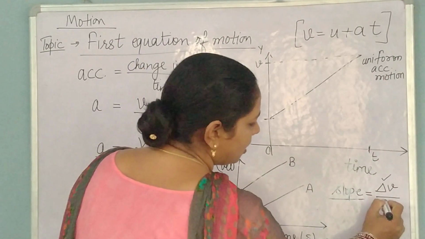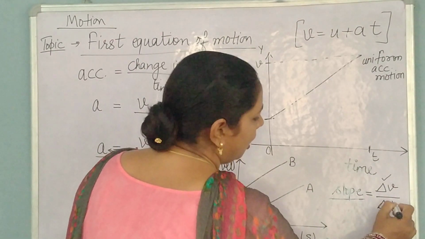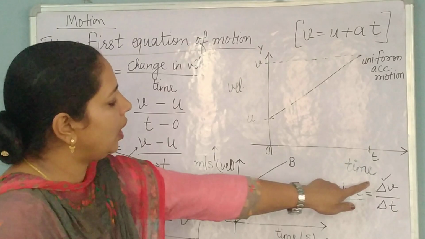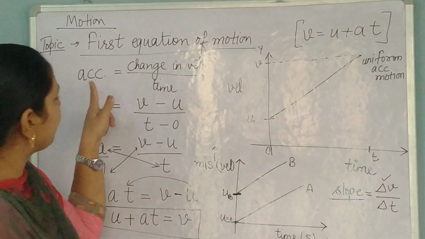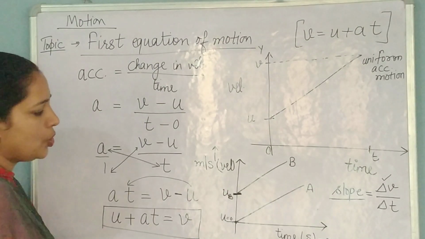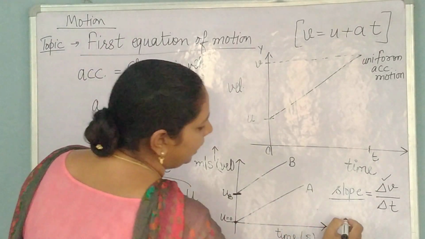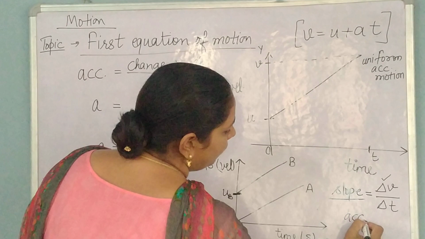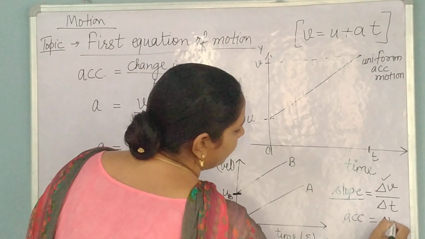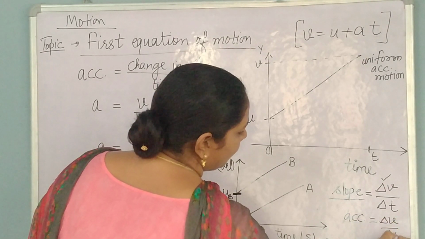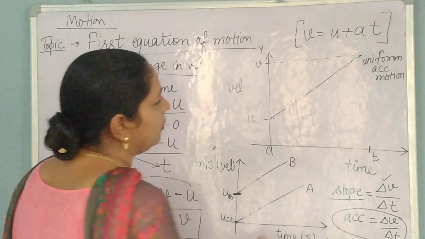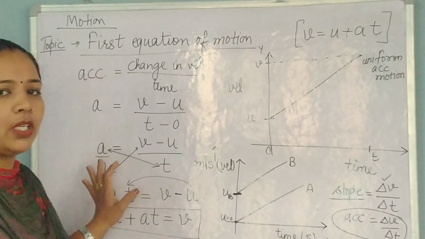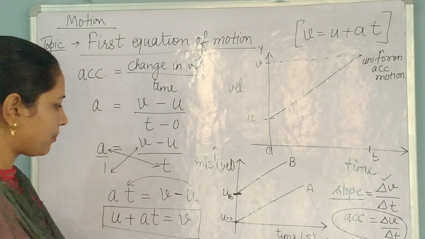Change along the time axis is delta t, and as we know, change in velocity with respect to time is acceleration. So the slope of a velocity time graph will always give the value of acceleration. That's why we will use this graph for the derivation of the first equation of motion.